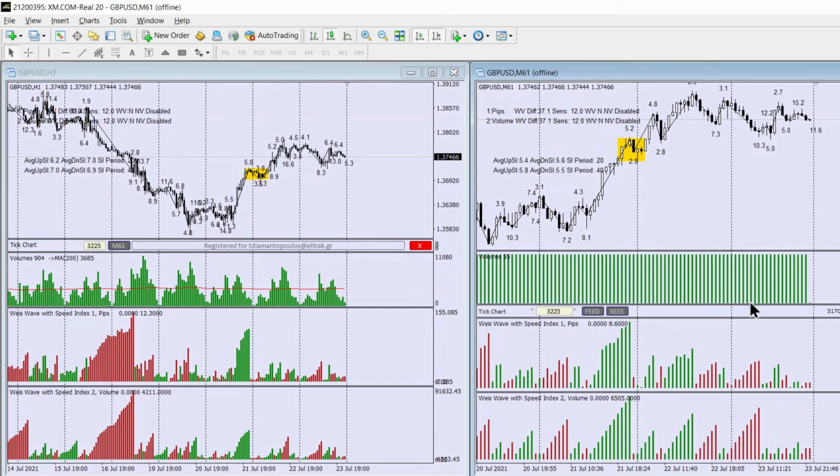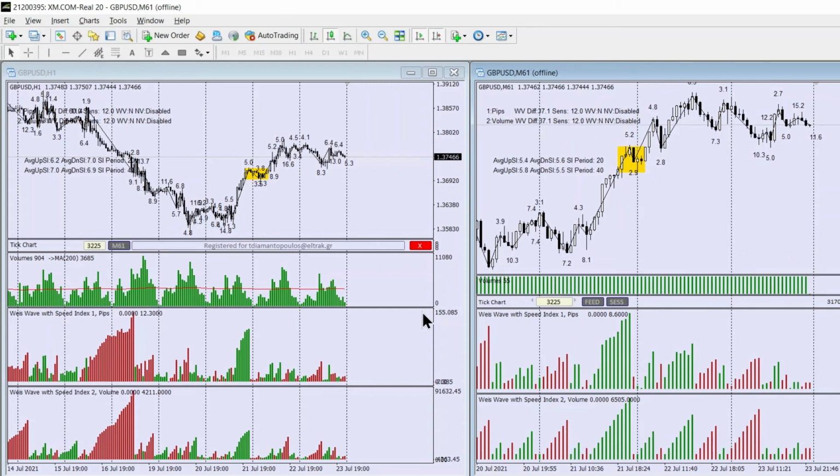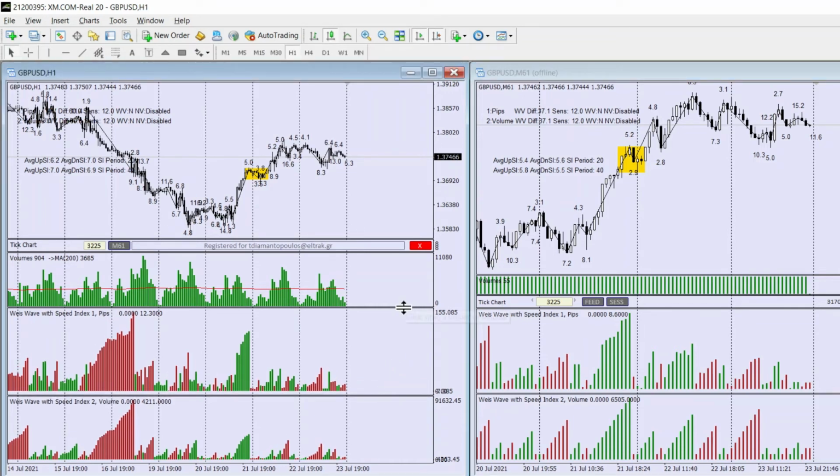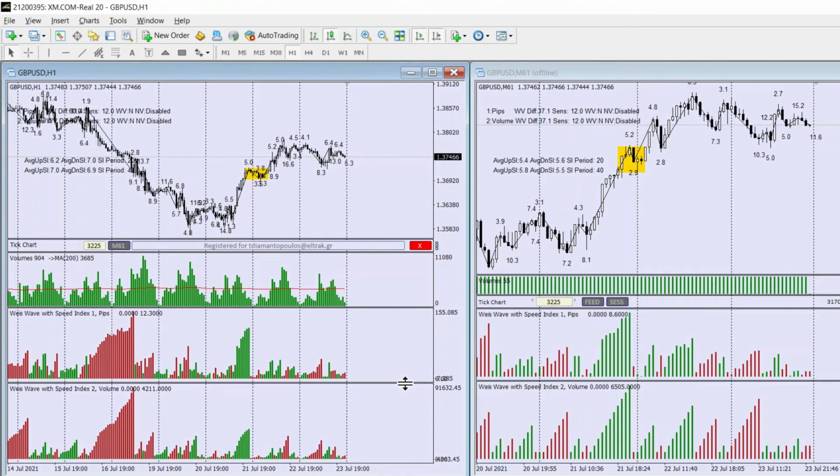Let's make this a bit smaller so we can see it better, and make them similar here to be comparable.